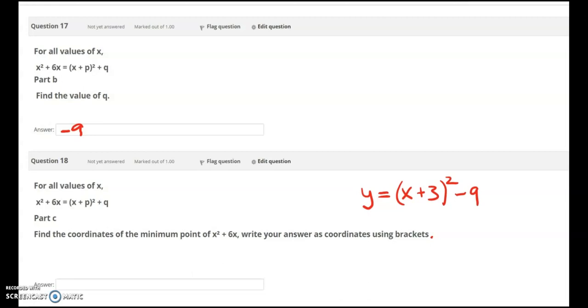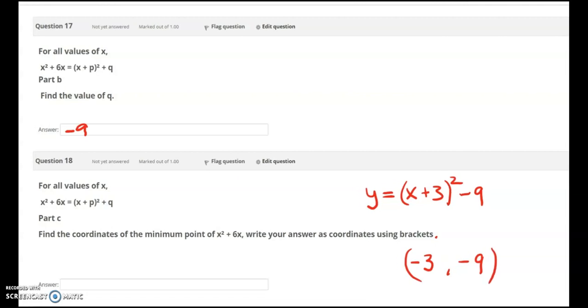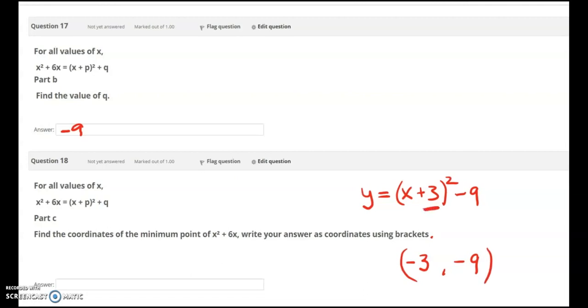So the coordinates of the minimum point will be (-3, -9). So the sign in front of the 3 changed to become -3, whereas the sign in front of 9 did not change, so it remained -9.